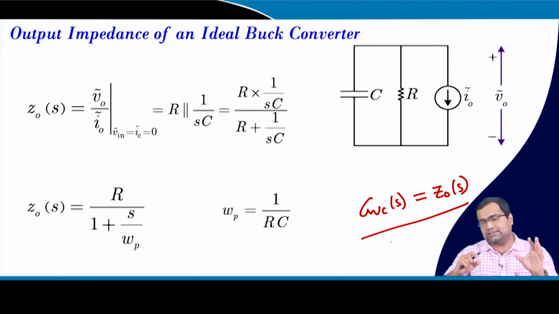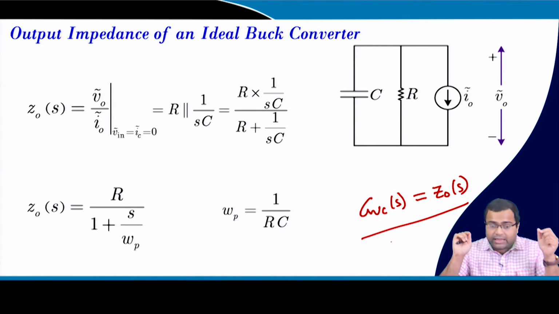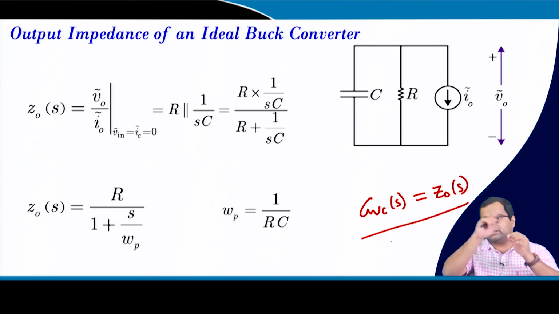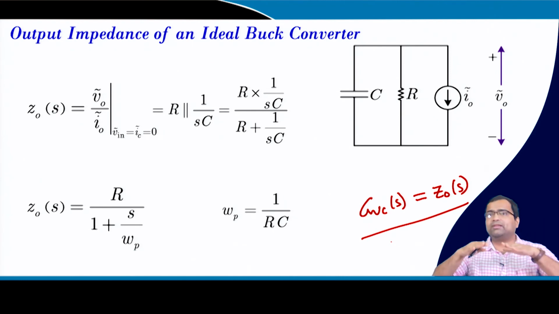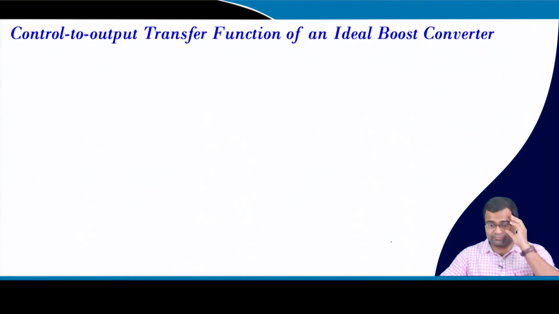In that case we can improve the load regulation by closing the outer loop and putting an integrator, but still the response will be very slow, because the loop gain will also depend on the load resistance.